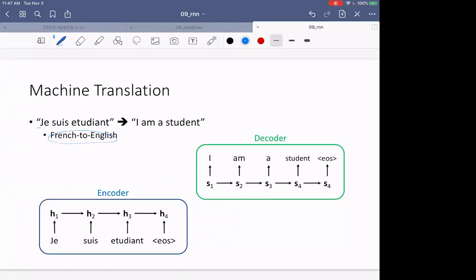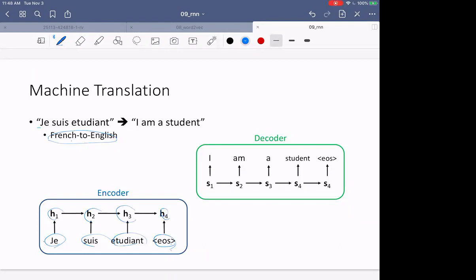So the encoder obviously needs to derive a latent representation of the French sentence. So the French sentence being Je suis étudiant, end of sentence. Given these four words, you need to derive a fixed size vector to represent this French sentence. And typically you can use RNN for that. So you use RNN, H1, H2, H3, H4, and then that's how you encode it.